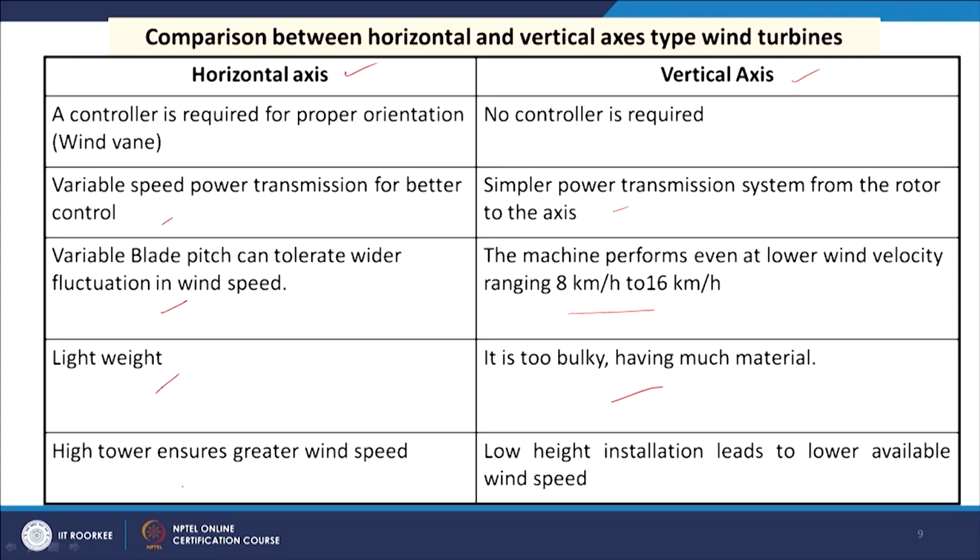A horizontal axis high tower ensures greater wind speed, and low height installation leads to lower available wind speed in case of vertical axis. So, it is very clear to us that the vertical axis height is lesser than that of the horizontal axis machines.